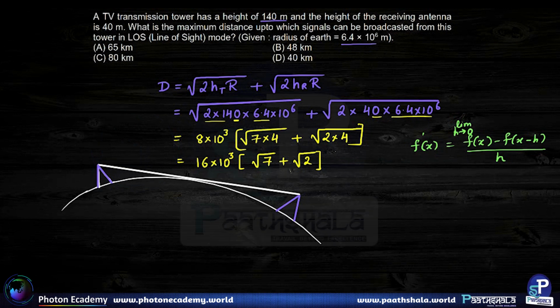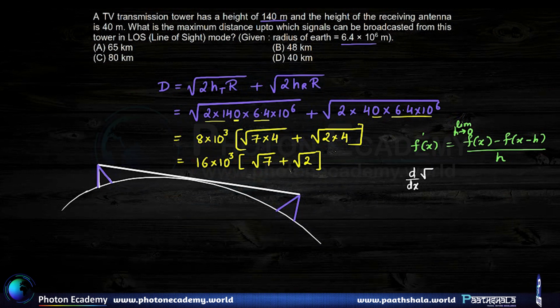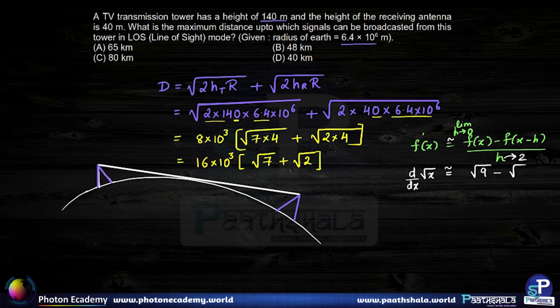So we want to find out the value of root 7. Let me take the closest possible number of which we know the root. Let's say that number is 9. So here I can write down the derivative of root x, which is approximately, so this is derivative based approximation, root 9 minus, I am taking the value of h to be 2, so 9 minus 2, that is root 7, which we have to find out, upon 2.